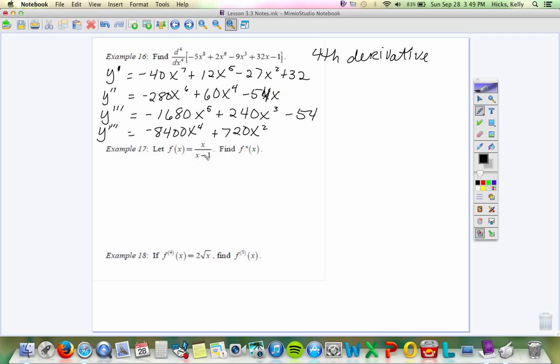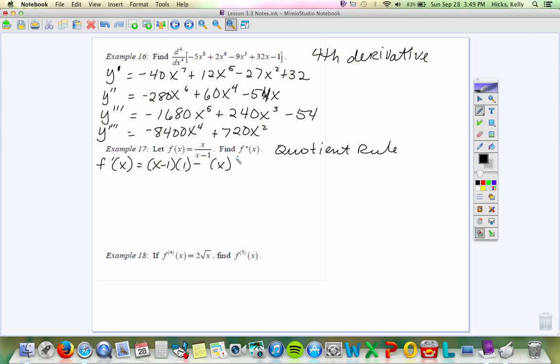Okay, so let's do the next one. Find f double prime of x if this is your function. Okay, so we have a quotient rule. We're going to have to use the quotient rule because we have one function divided by another function. All right, so let's start with the first derivative, f prime of x.